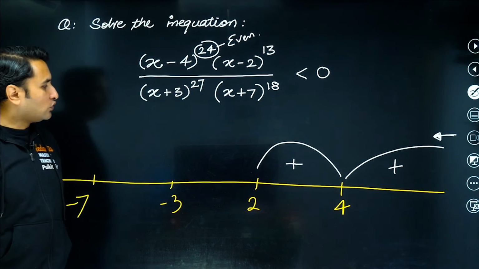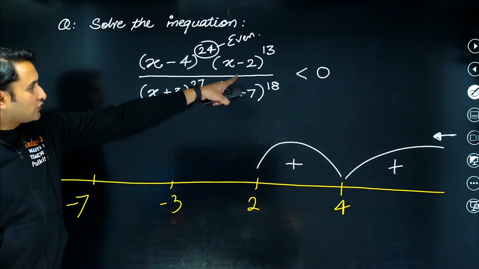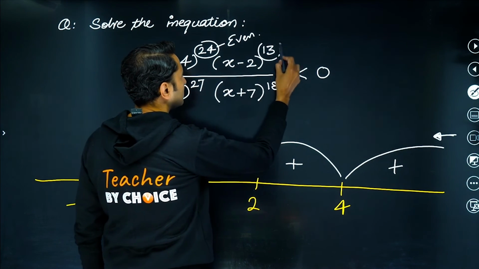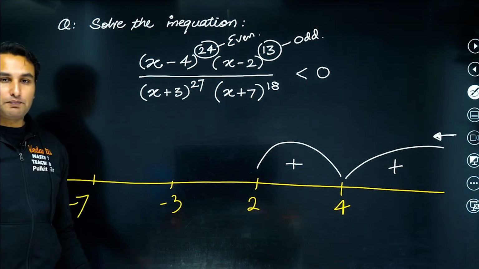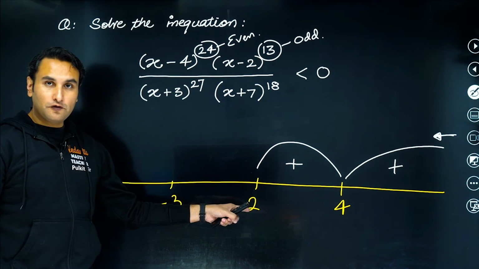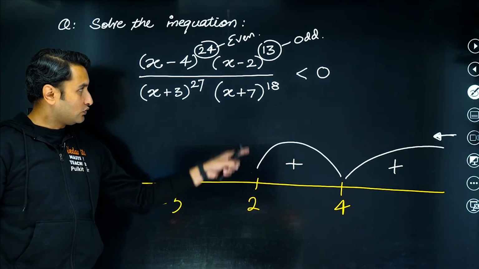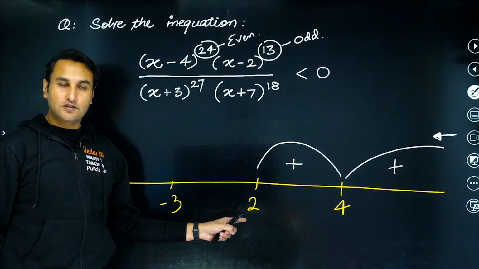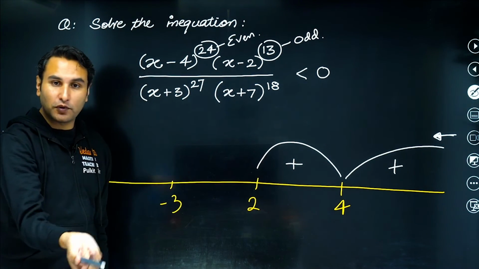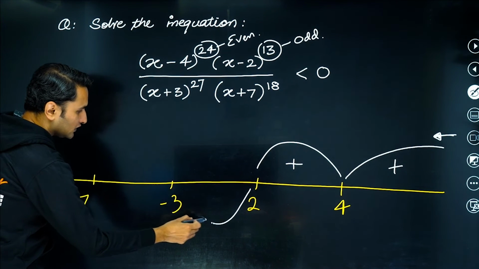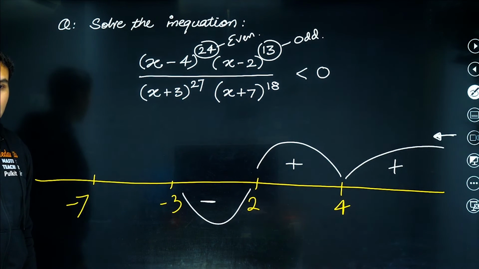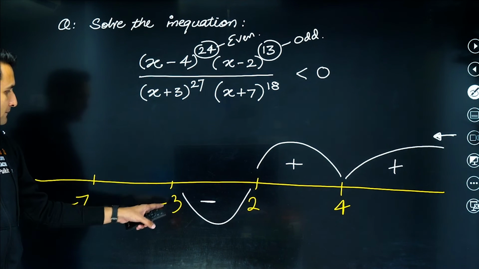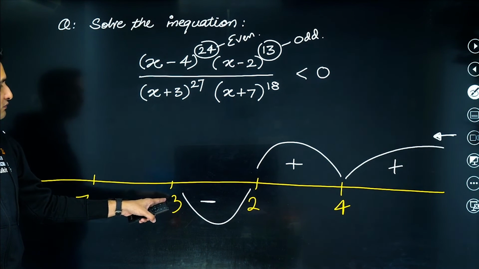Awesome. 2 comes because of x minus 2. The power is odd. If the power of the factor whose root is 2 is odd, the sign will change. So the previous sign was positive, and because of the change it becomes negative. Next station, minus 3.